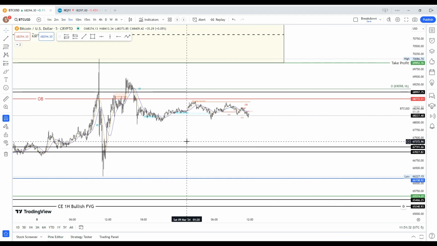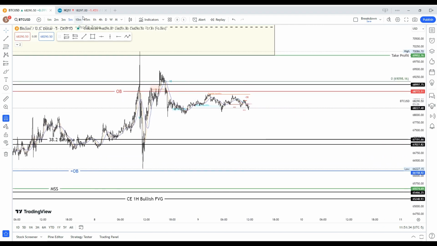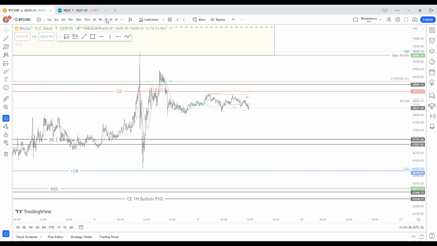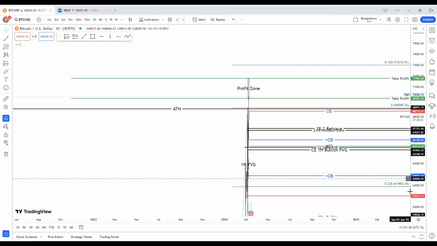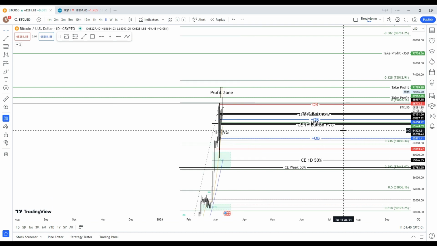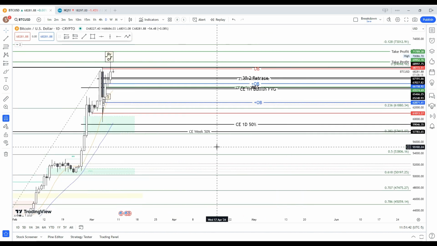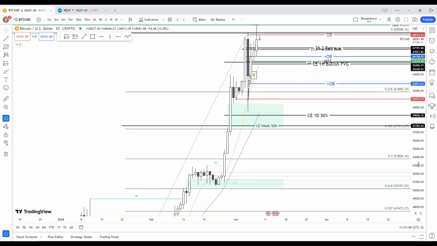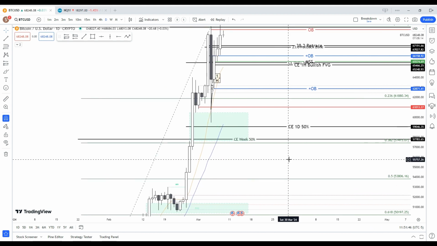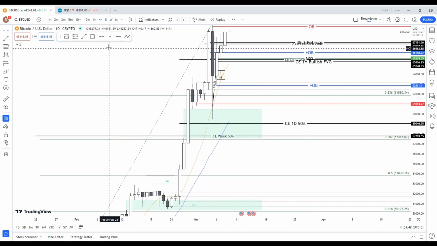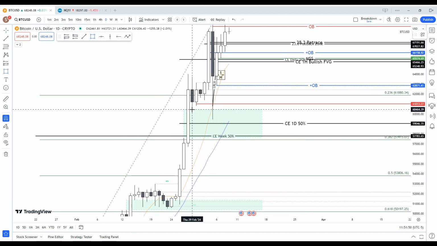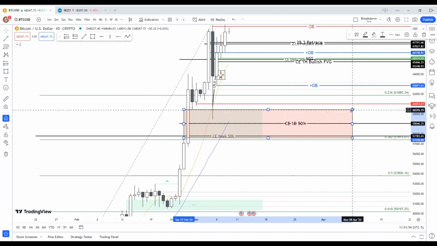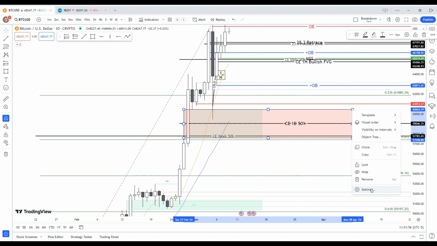Why don't we zoom out real quick and take a look at it on a daily time frame here. Okay, so we should chart this out. The CE, yep, we have the CE charted out.